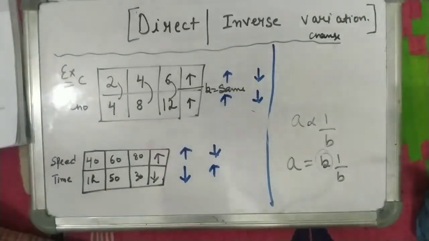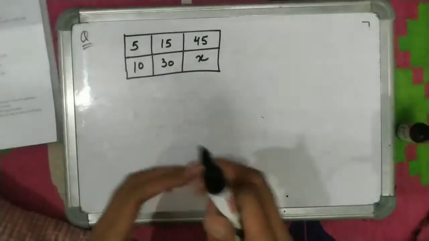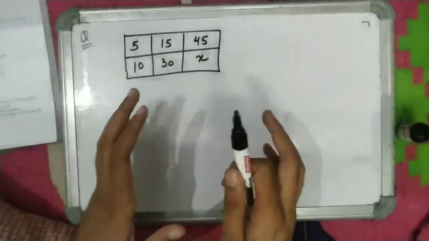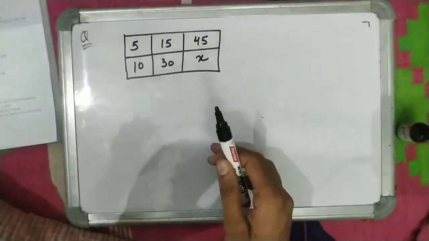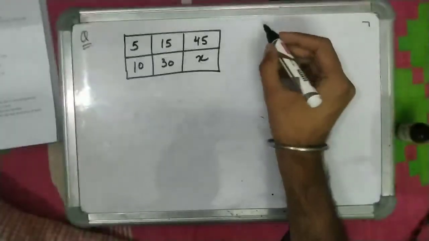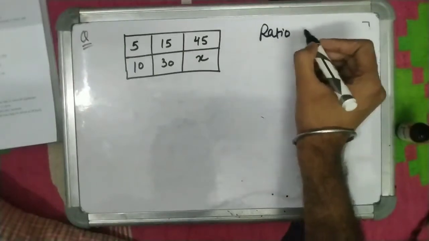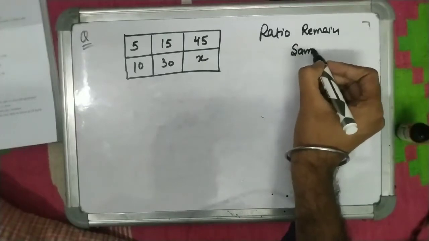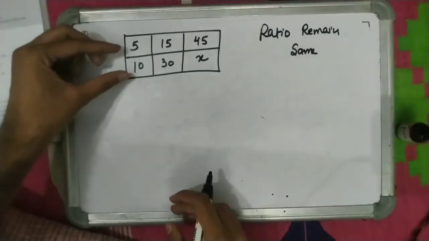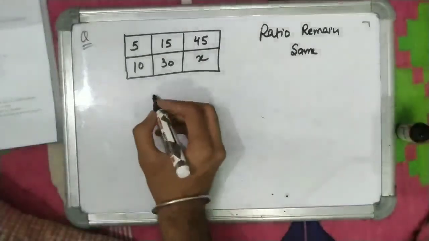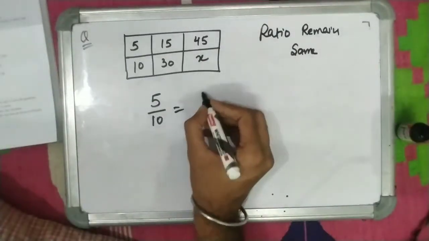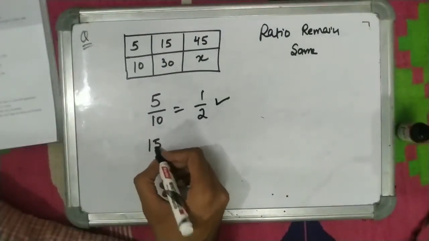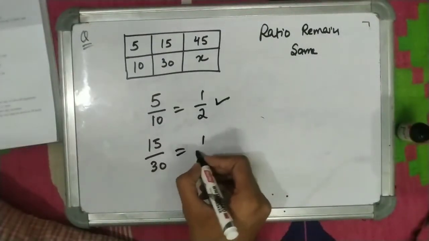Now I have a question of direct variation. You have to find the value of x. First of all, keep in mind that in direct variation or inverse variation, the ratio remains the same. I mean to say that if I have the numbers 5 and 10, the ratio of 5 and 10 is 1 by 2, and if I have the numbers 15 and 30, the ratio is again 1 by 2.